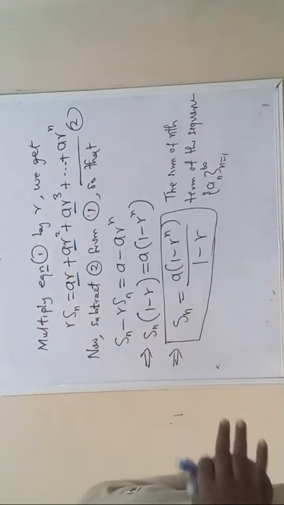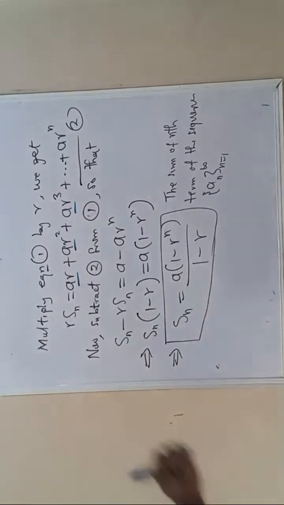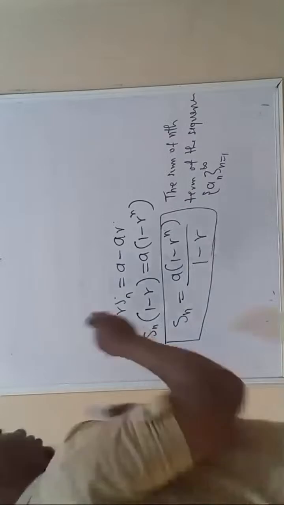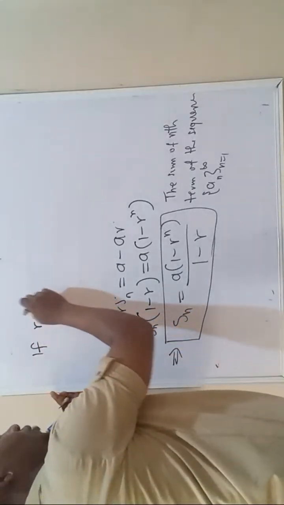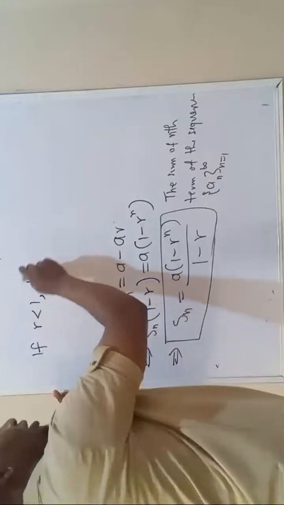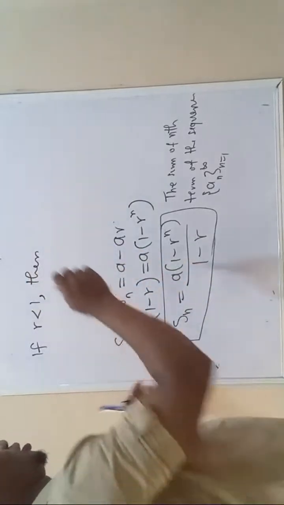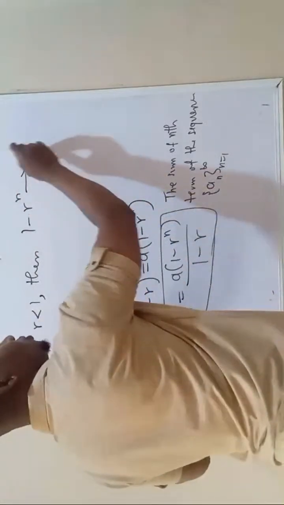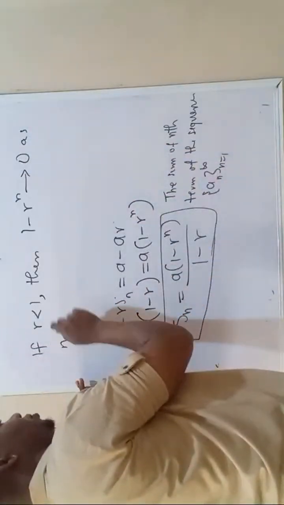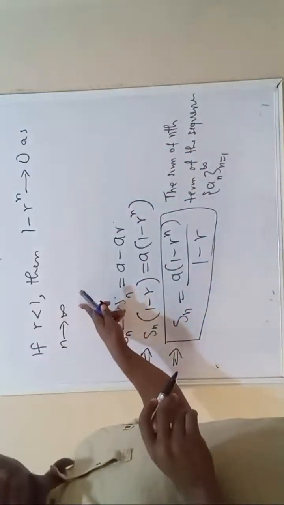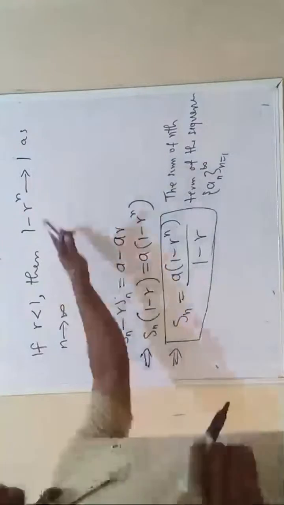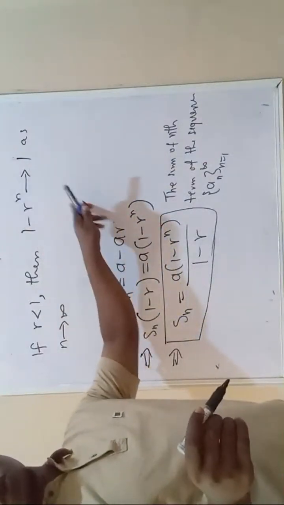Here we see that if r is less than 1, then 1 minus r raised to the power of n goes to 0 as n moves towards a very large number, because the term r raised to the power of n goes to 0.